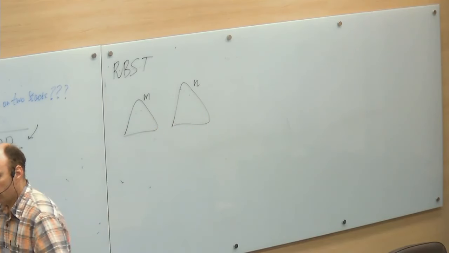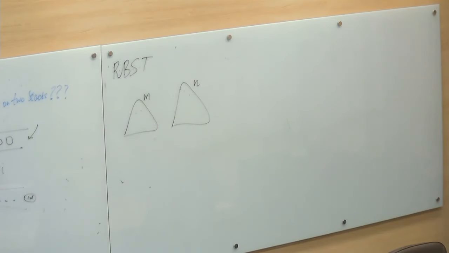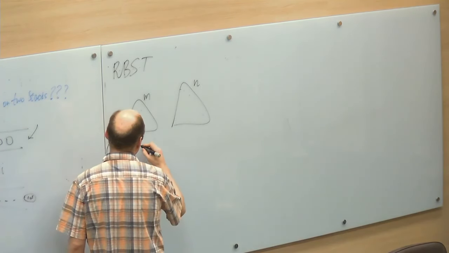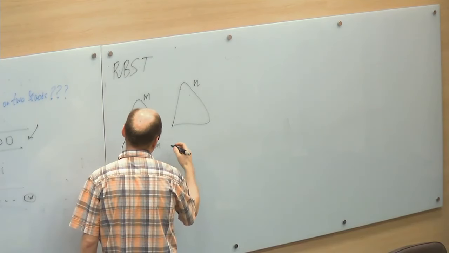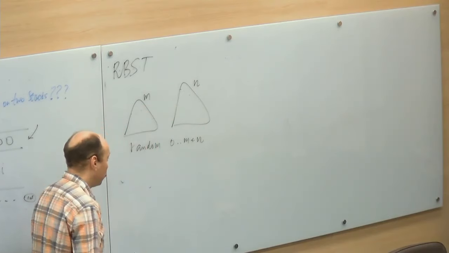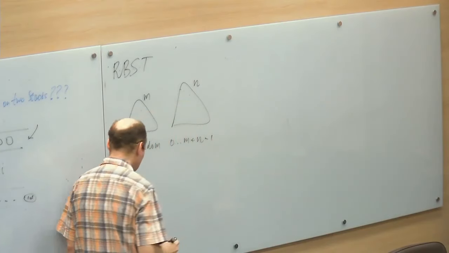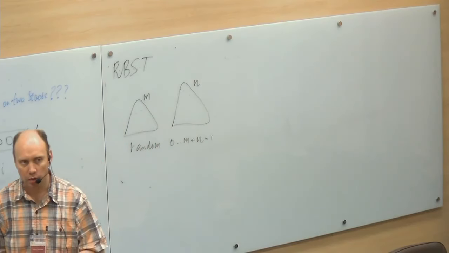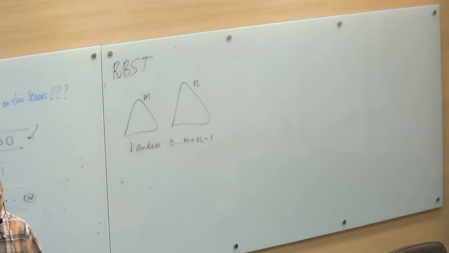Instead of using randomized keys, let us do the following. When we merge two trees of given sizes, let's make a random number from 0 to m plus n minus 1. So m plus n possible variants.